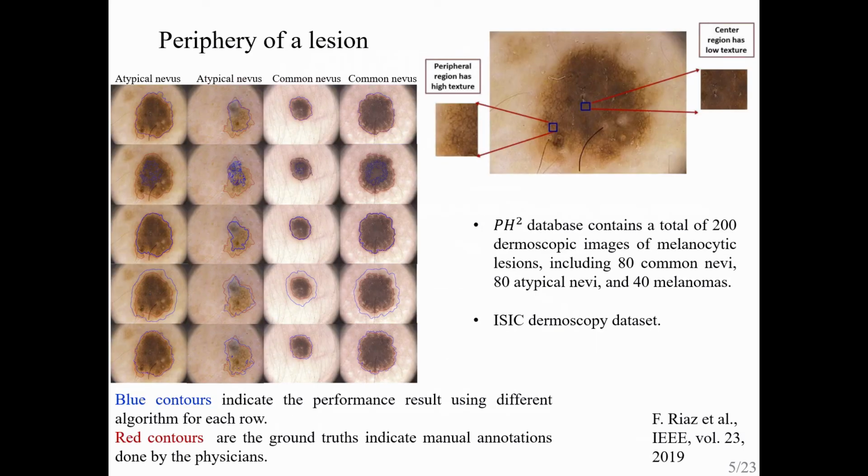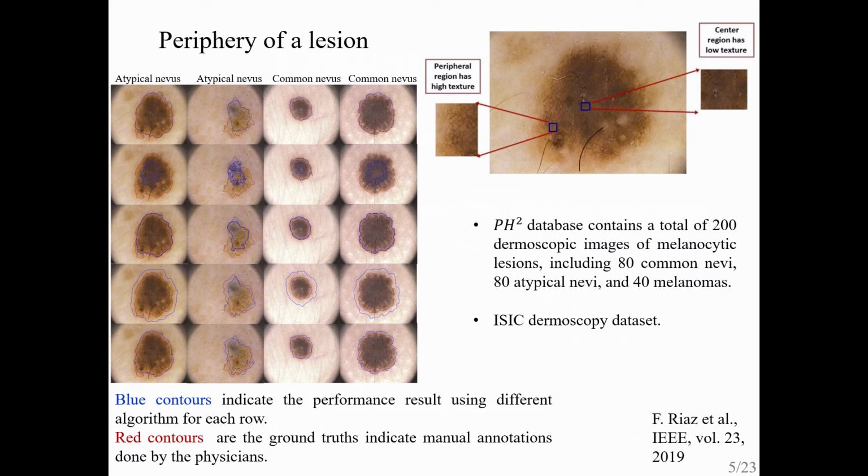In terms of segmenting a lesion, it's important to analyze the peripheral region of the skin, because it's not only the inside of the lesion that matters, but also the peripheral region. For example, in this slide, we can see the small parts of the patterns that we have to consider during the classification procedure.